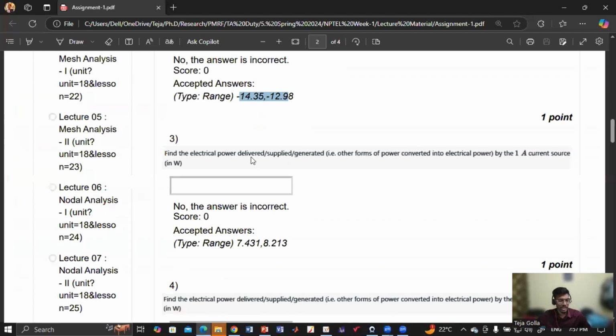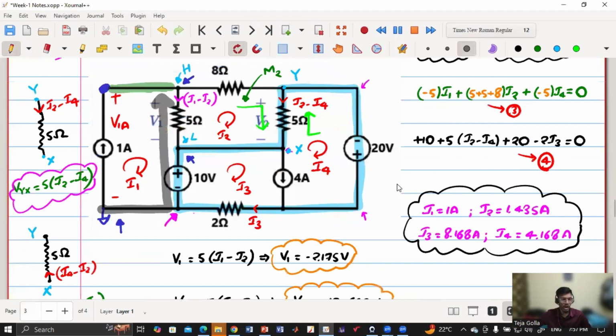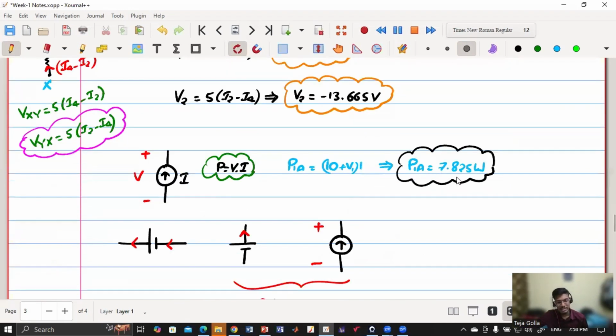If they ask about consuming power, say something is delivering 10 watts of power, then how much is it consuming? It is consuming minus 10 watt. So this way of questions can also be asked. If something is delivering, it is not consuming, so if they ask how much it is consuming, you have to put a negative sign. So here it is delivering 7.825 watt and it is consuming minus 7.825 watt. Got it?